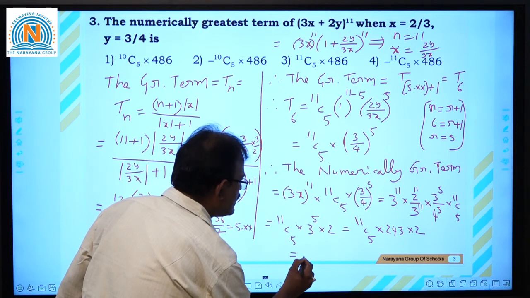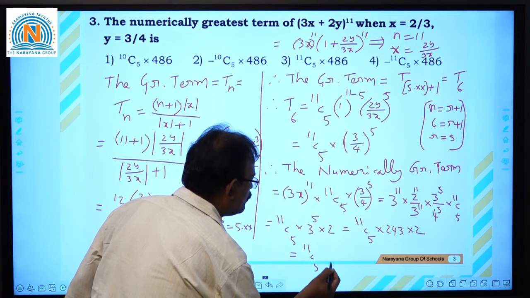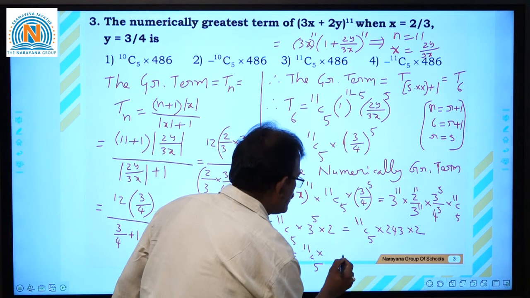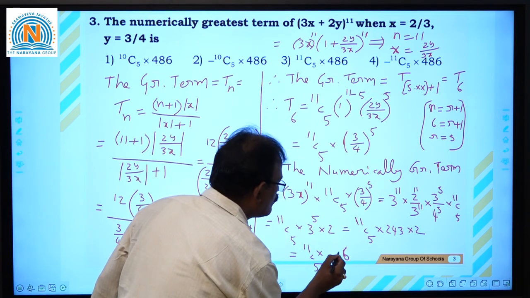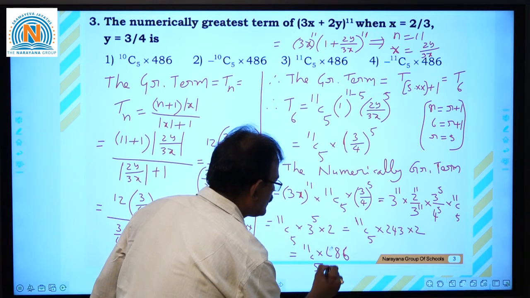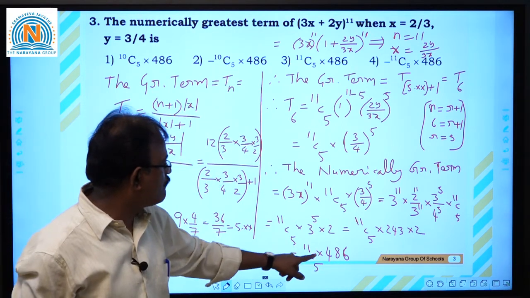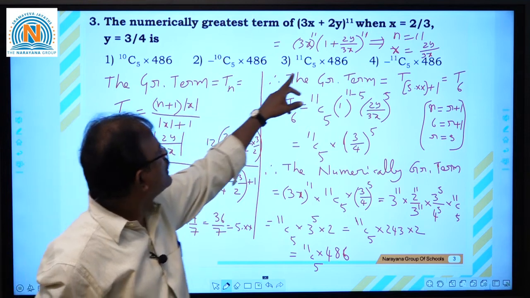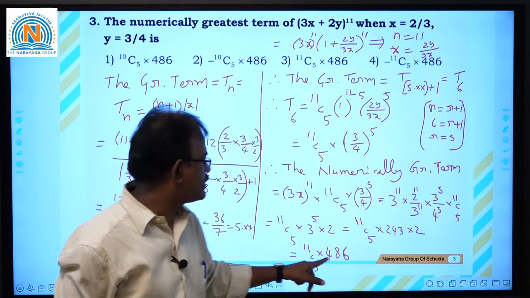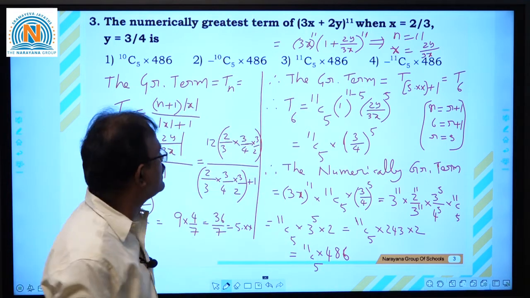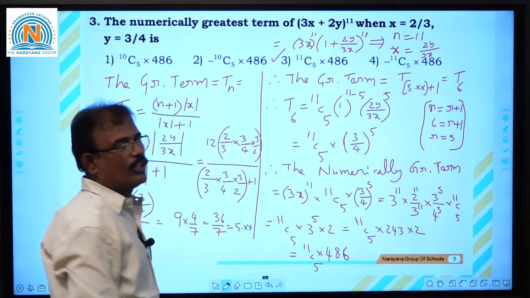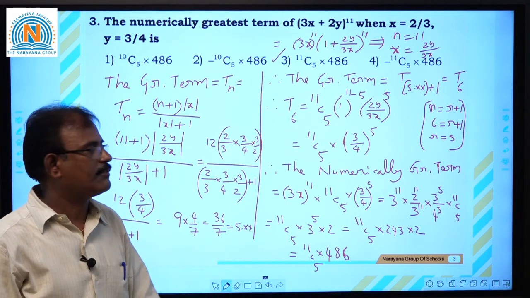So if you multiply 243 by 2, it is 486. So what is the numerically greatest term here? 11C5 into 486. So 11C5 into 486, it is there in the third option, children. It is there in the third option.